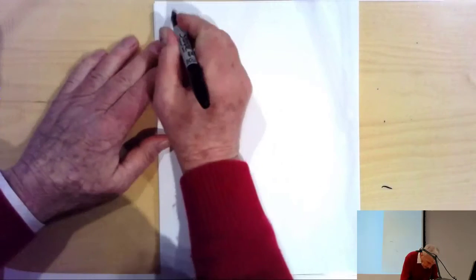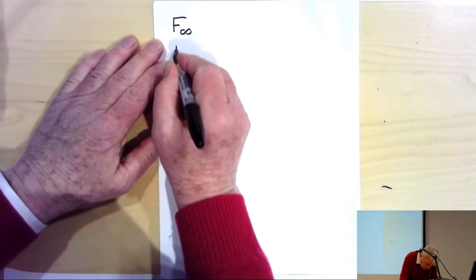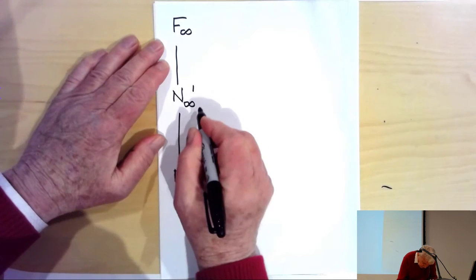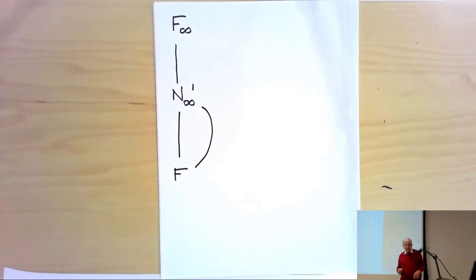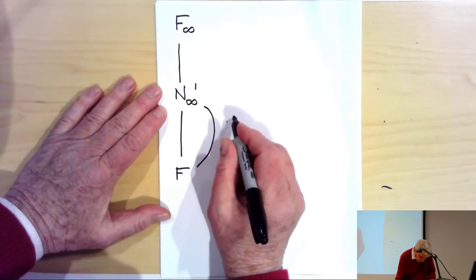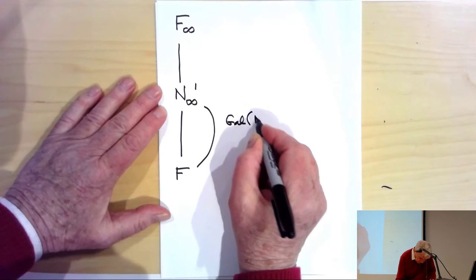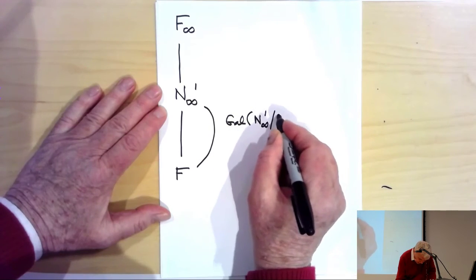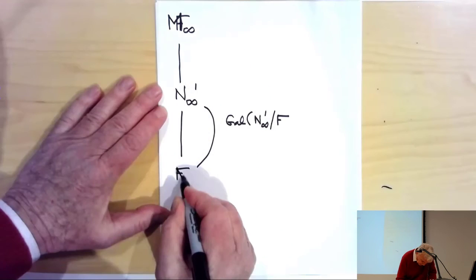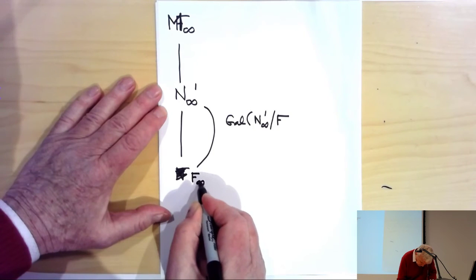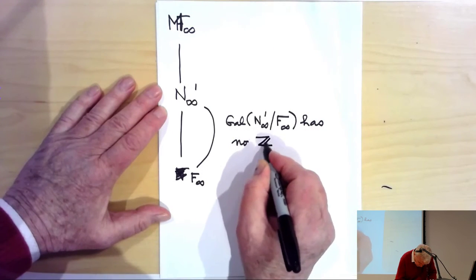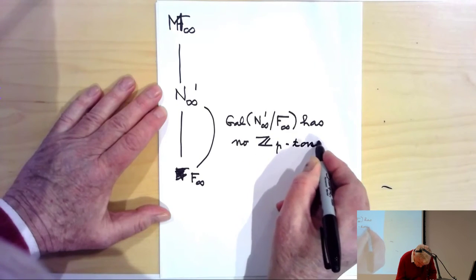Now if we go back to our cyclotomic ZP extension F infinity, and then we had M infinity prime here, and then down to F, we saw from our argument in the previous lecture that the Galois group of M infinity over F infinity, excuse me, this is nonsense, this is M infinity here, and here we have F infinity, has no ZP torsion. That's one thing that emerged from Iwasawa's proof in that case.